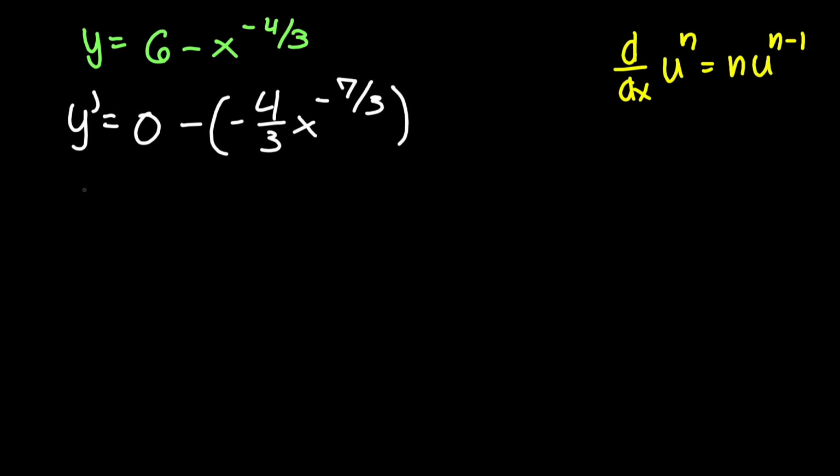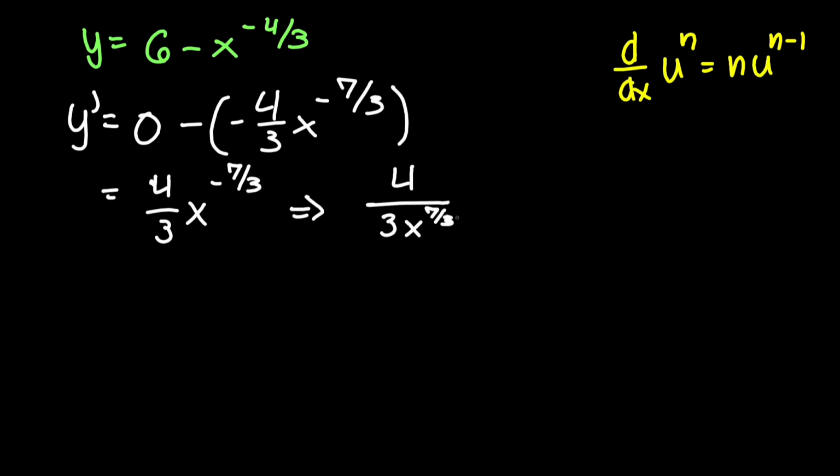For your final answer, it would be equal to 4 over 3 x to the power of negative 7 over 3. But if you would want it in fraction form, it would be equal to 4 over 3x to the power of 7 over 3. Either way, this can be your answer.